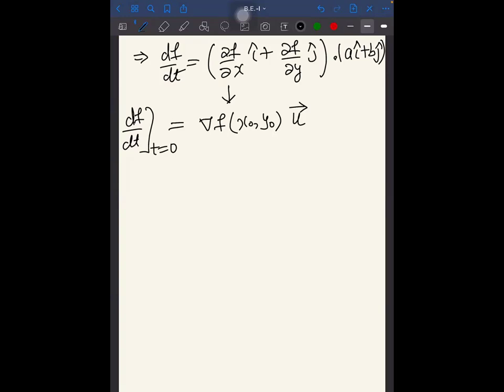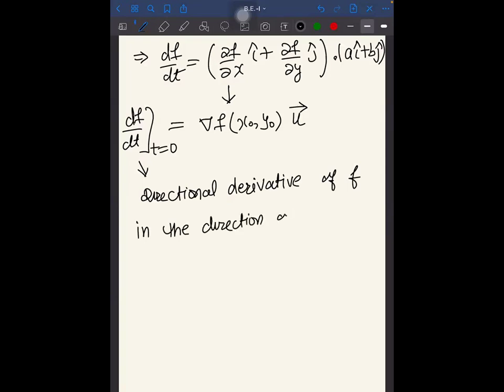So this is something which we call the directional derivative of f in the direction of u.